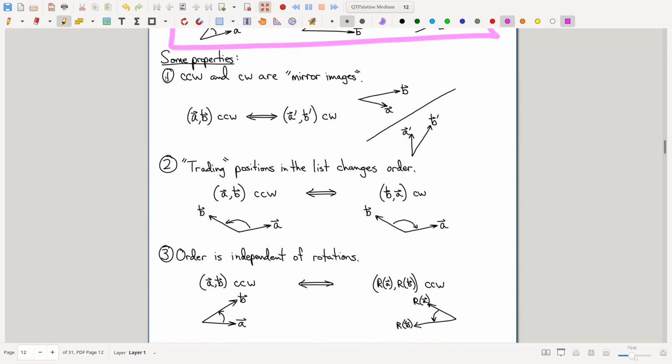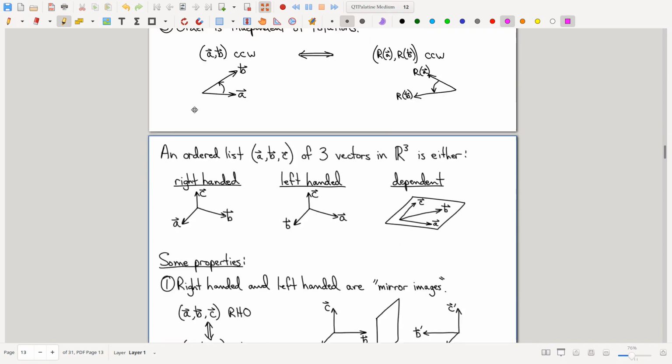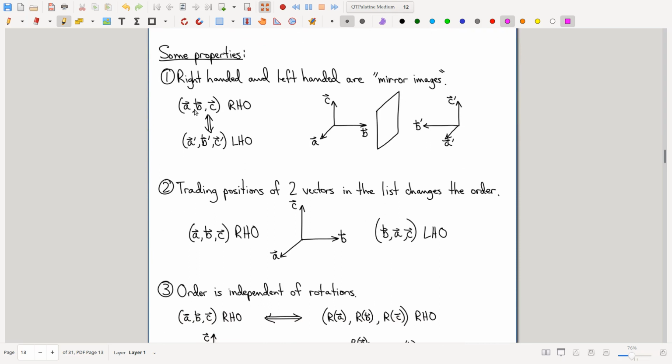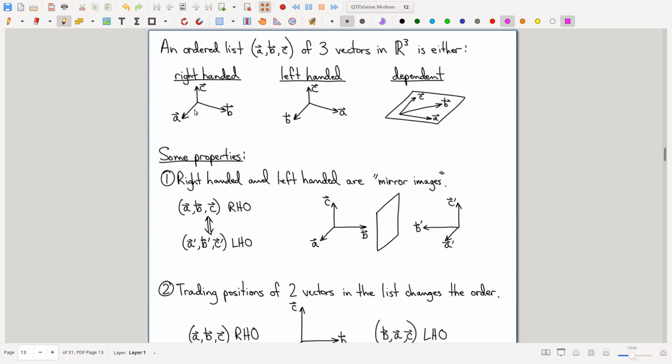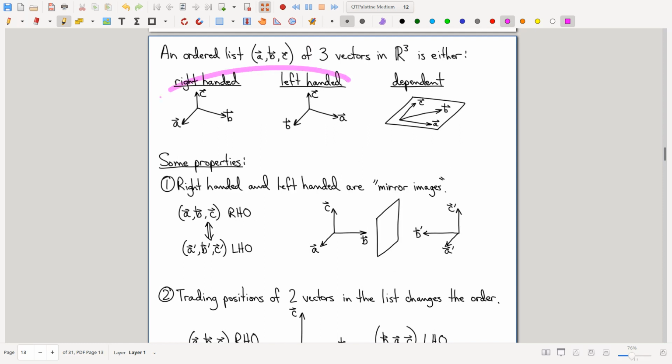And the three properties are just like the resulting three properties for right hand, left hand. So I think a very strong case could be made that this business about right hand order and left hand order is just a three-dimensional version of clockwise, counterclockwise.